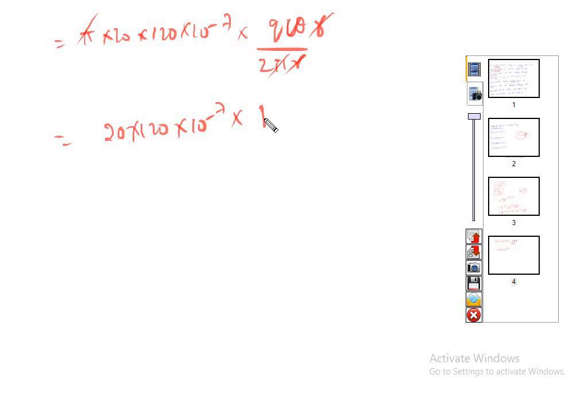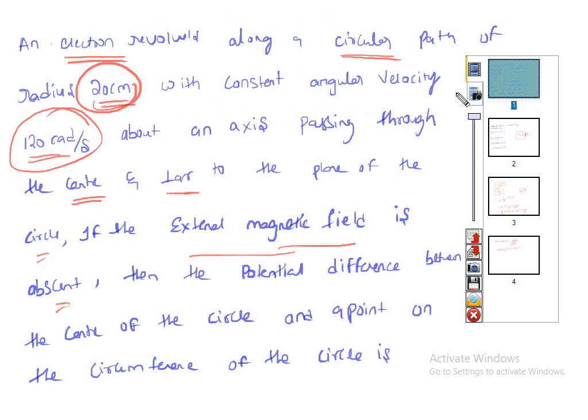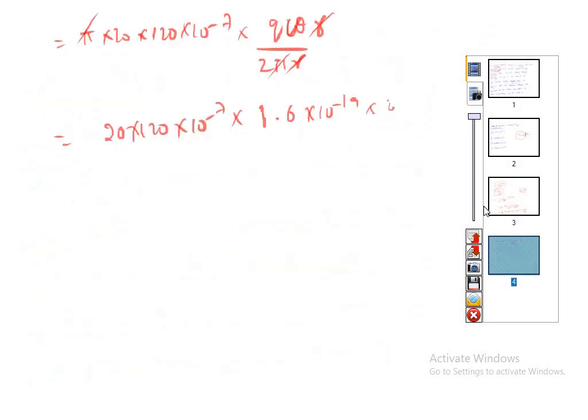So Q is 1.6 into 10 to the power of minus 19 into omega, which is 120. When you simplify, the value will be 1.638 into 10 to the power of minus 9 volts.